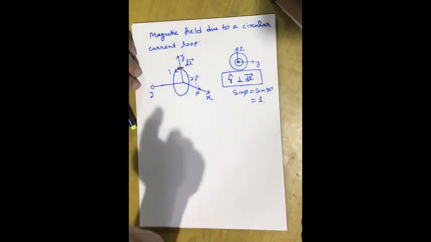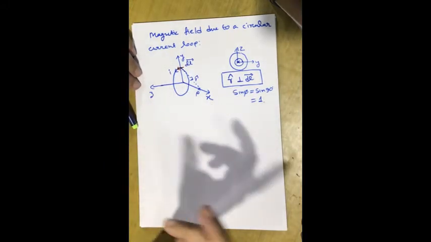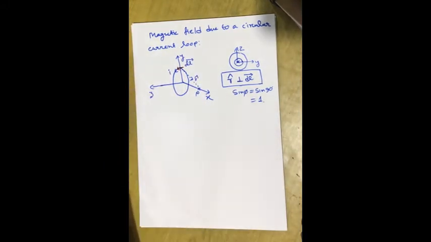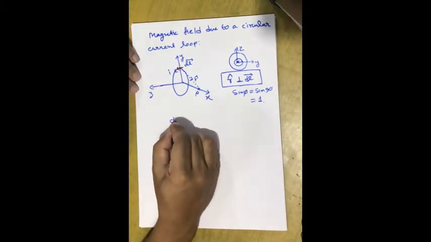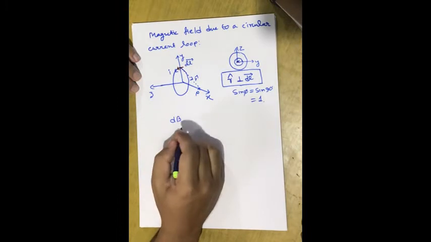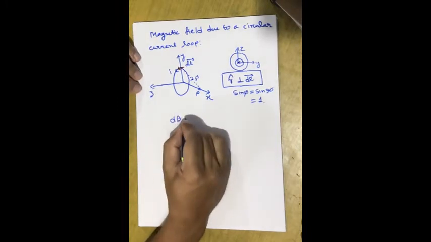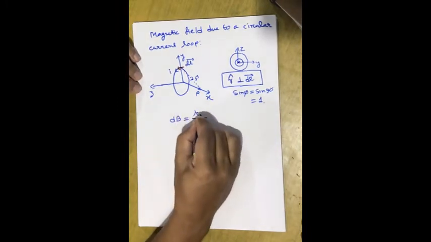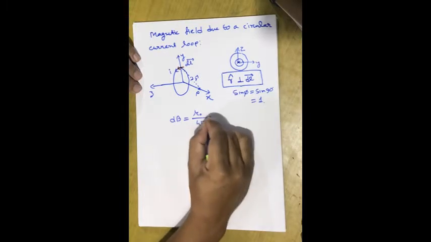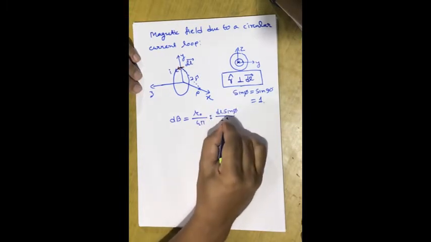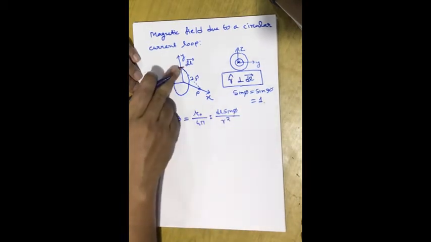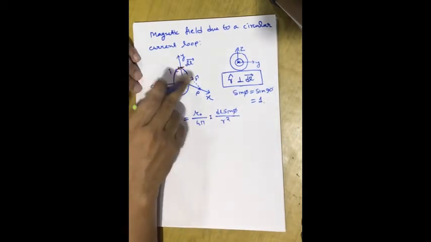But there is a small twist here that I will tell you while doing the derivation. First, let me write the expression for the magnitude of the magnetic field. The magnetic field dB, as I have already told you, is mu naught divided by 4 pi, times I dl sine phi divided by r square. Here r square is nothing but the square of the distance from this point to this point.